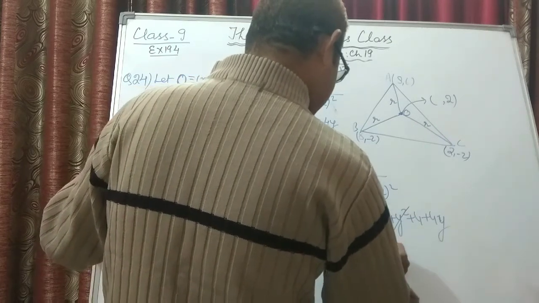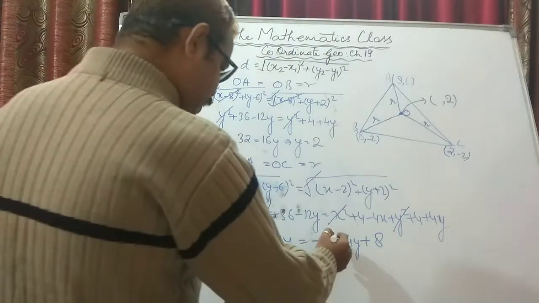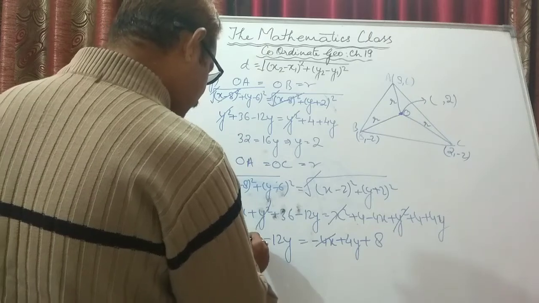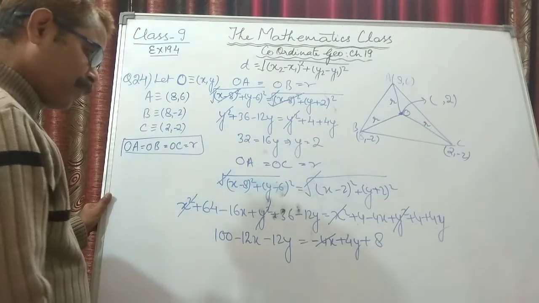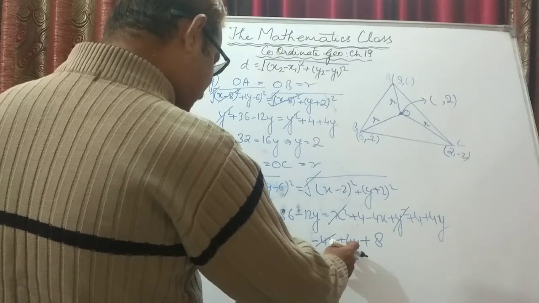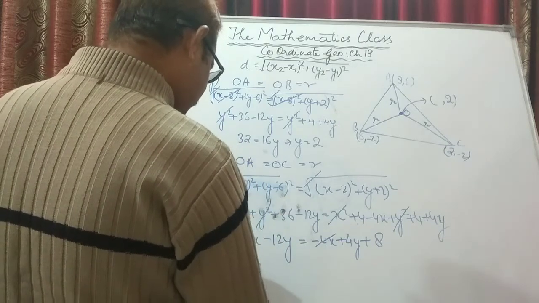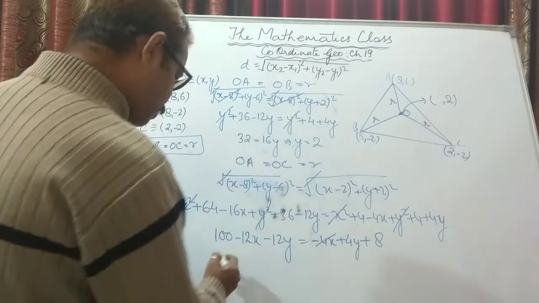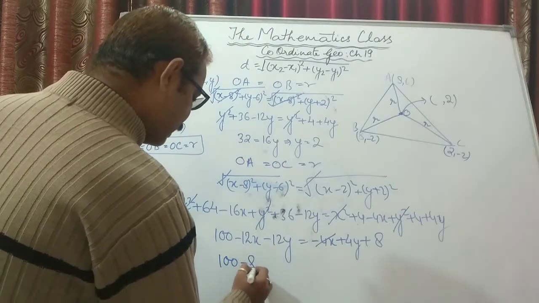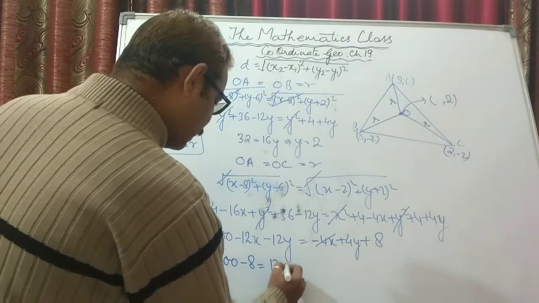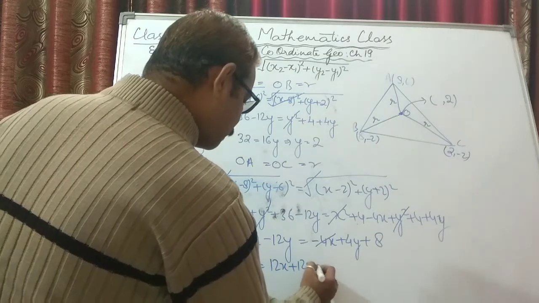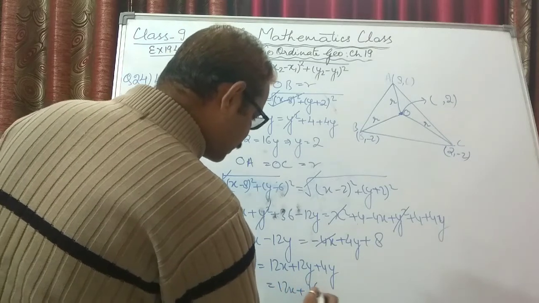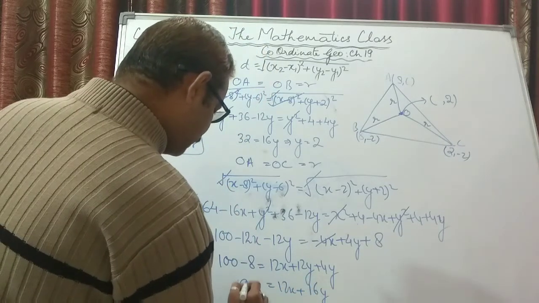Now I am taking both 12x and 12y to the other side and bringing 8 to this side. So that will be 100 minus 8 is equal to 12x plus 12y plus 4y. Now 12x plus 16y is equal to 92.